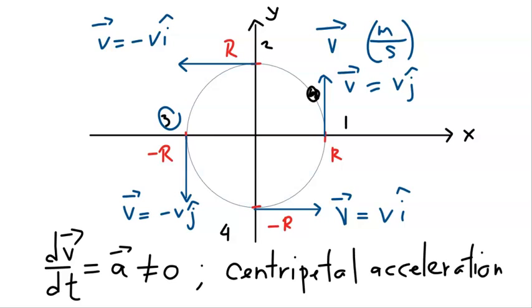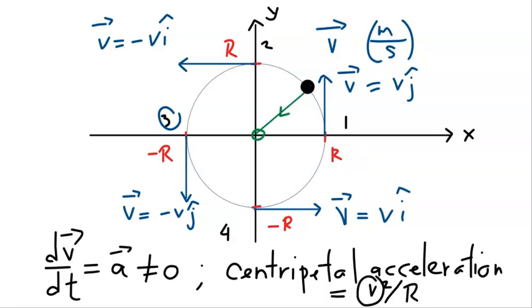And its magnitude is given by v squared over the radius of that circular trajectory. Now this v is that constant speed. The direction of this centripetal acceleration is towards the center along the radial direction.